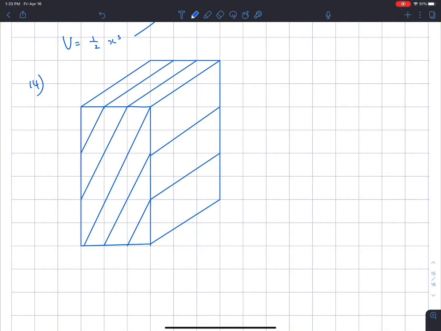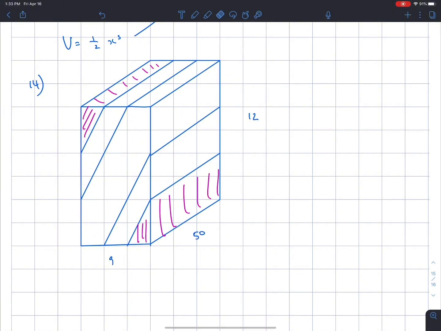So first of all, we need to know that this piece and this piece are exactly the same. So we only need to do that calculation once. So we were told that this is 12, this is 9, and that's 50.